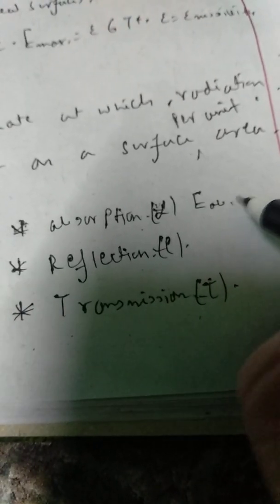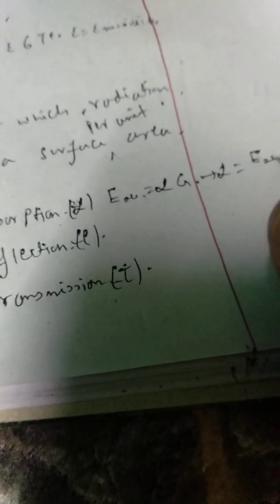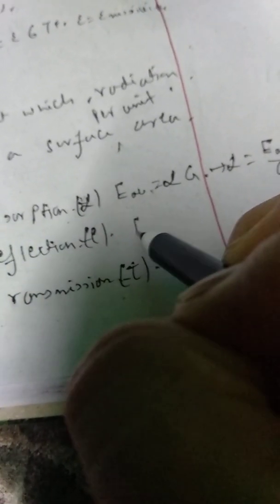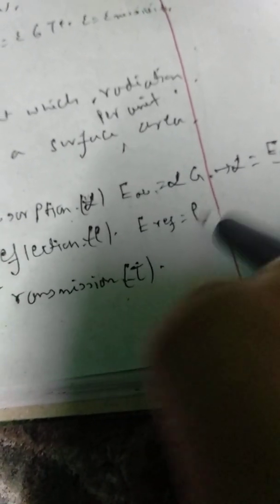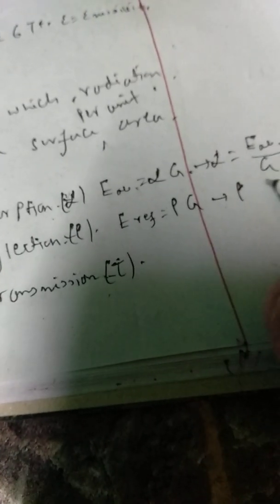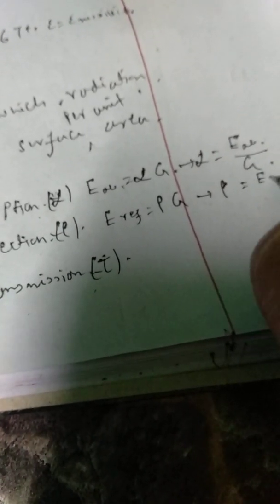The absorbed emissive power is denoted by alpha into G. Okay, this is for the total irradiation, or you can say that alpha is the fraction of energy absorbed from the total irradiation. Similarly, for reflected power, rho into G. So rho, or the reflectivity, is the fraction of energy reflected from the total irradiation.